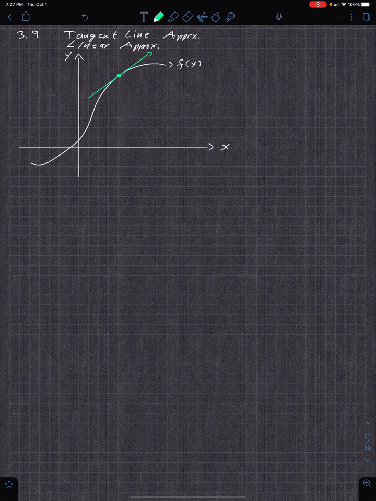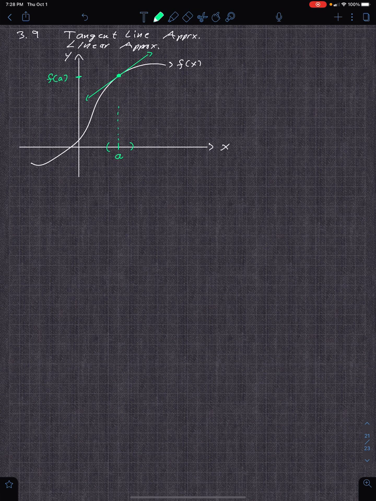So we come down here, here's our point a, and up on the y-axis is f of a, and we want to essentially approximate that curve around that point.